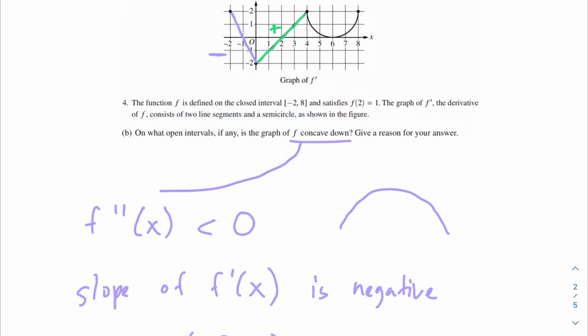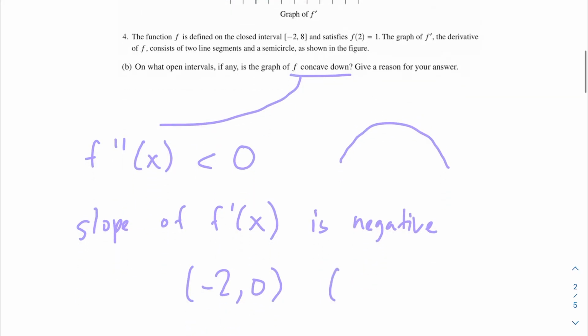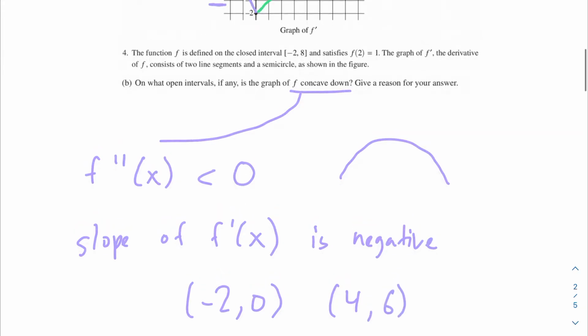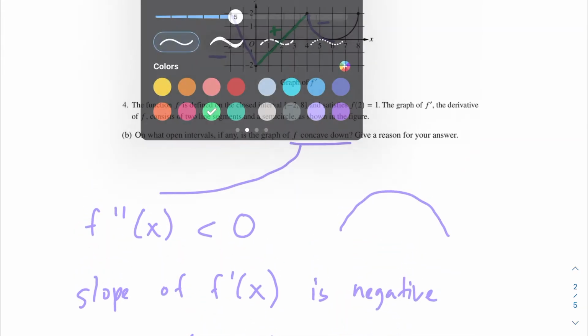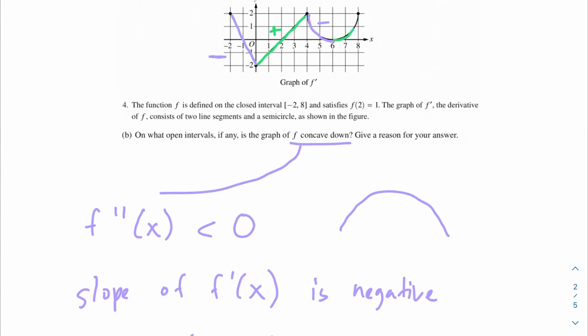When we look at 4 to 6, once again our slope is negative, so we can add that to our open intervals, from 4 to 6. From 6 to 8, we're once again increasing, so this would be positive. We would not include that in our open intervals. What we're looking for is a negative slope.